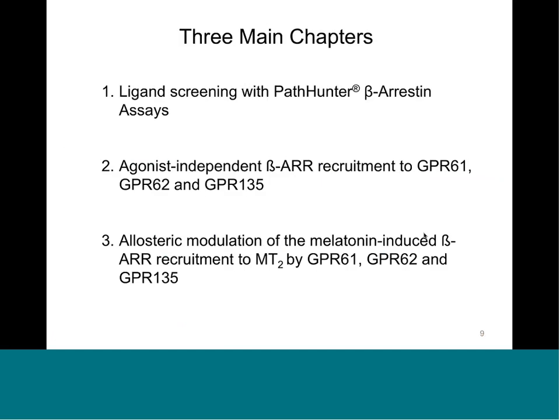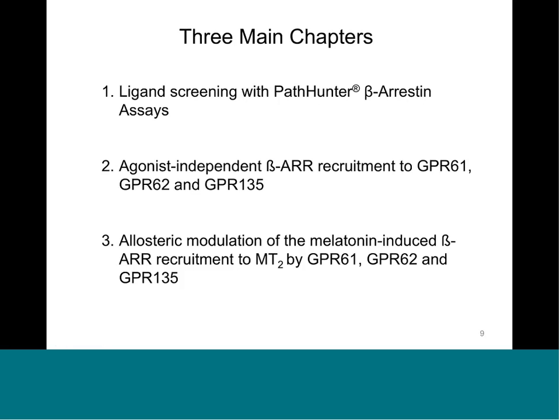So with this assay, we asked several questions and applied this assay to our specific questions. The three main chapters that will now follow: the first question is, can we screen for the ligand? Can we identify the ligand with the PathHunter beta-arrestin assay? The second will be rather a study on agonist-independent beta-arrestin recruitment.